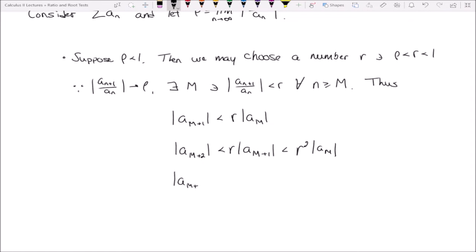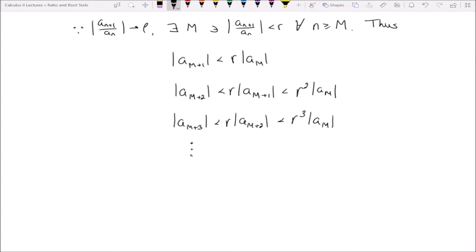Looking at the absolute value of a sub m plus 3, this would be less than r times the absolute value of a sub m plus 2, but that is less than r cubed times the absolute value of a sub m. We can continue in this way, so that in general, what we find is the absolute value of a sub m plus n is less than r to the n times the absolute value of a sub m.